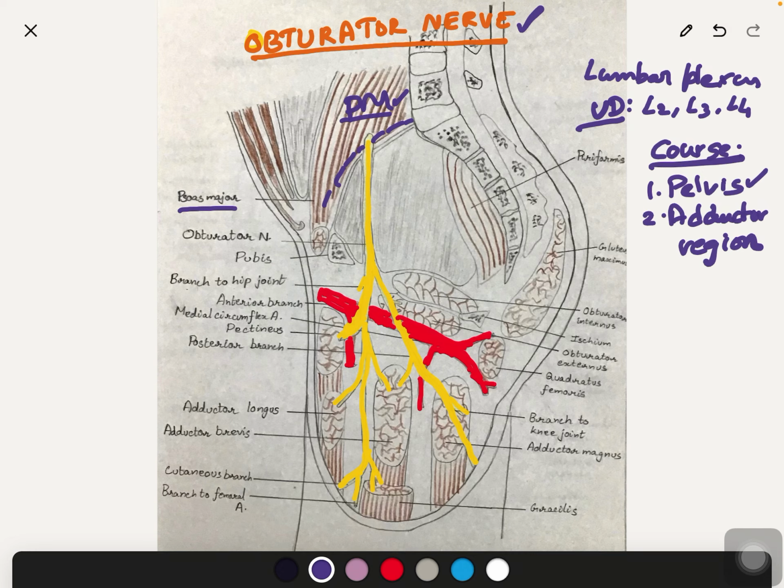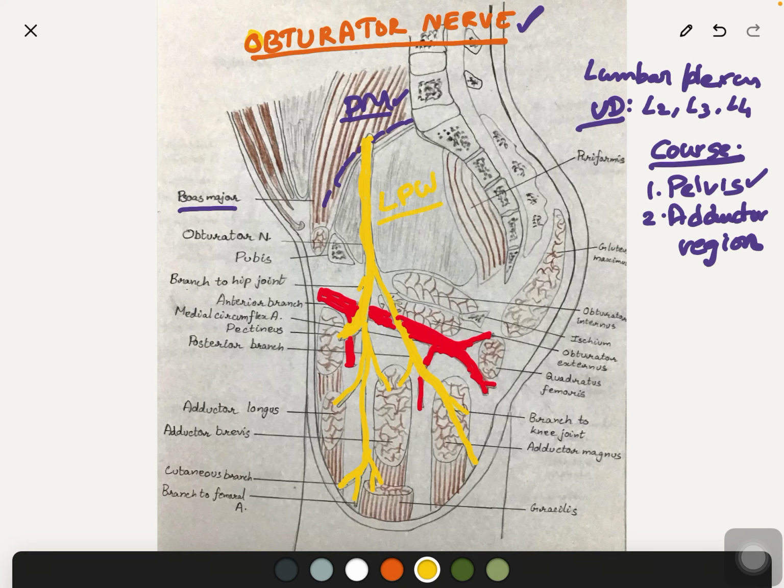Now we will take the yellow color to draw the obturator nerve. So this is the obturator nerve coming out of the medial margin of the psoas major, entering the pelvis. It continues in the lateral pelvic wall. So this is the lateral pelvic wall.